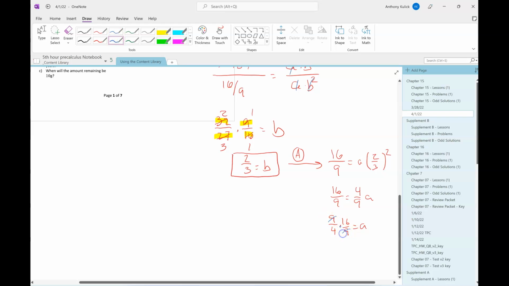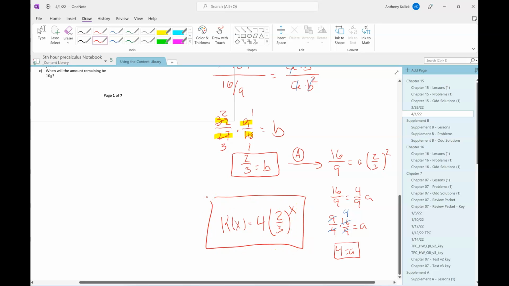So the 9's reduce, 4 goes into 16 4 times. So there's my value for A. K of x is 4 times 2/3 to the x. Does that feel okay, Victoria?